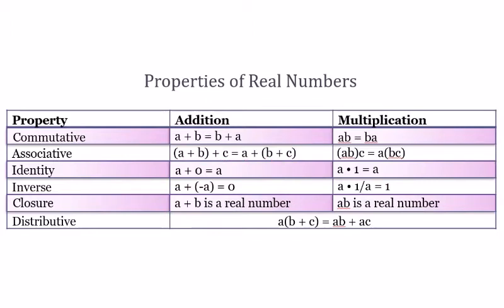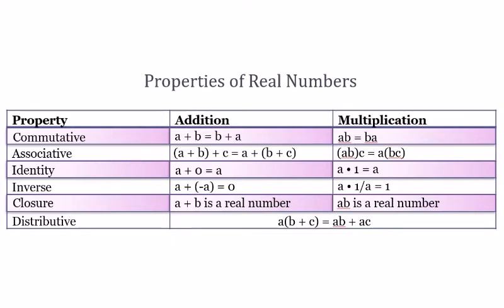Same thing with multiplication. A times b first and then multiplied by c is the same thing as b times c multiplied together first and then getting a. Okay. So those are the associative properties of addition and multiplication, respectively.